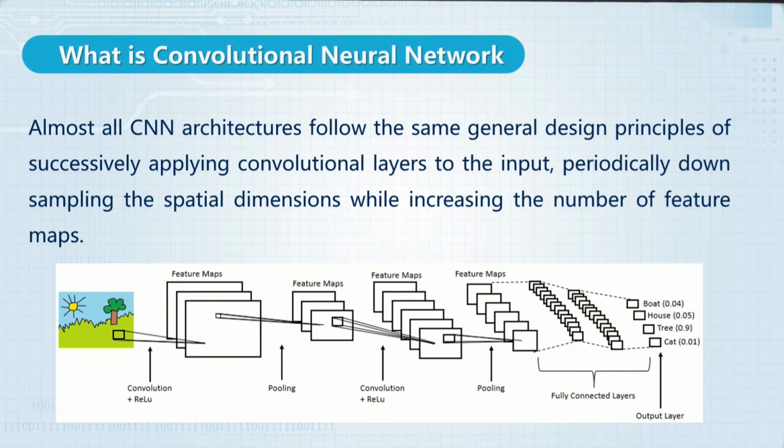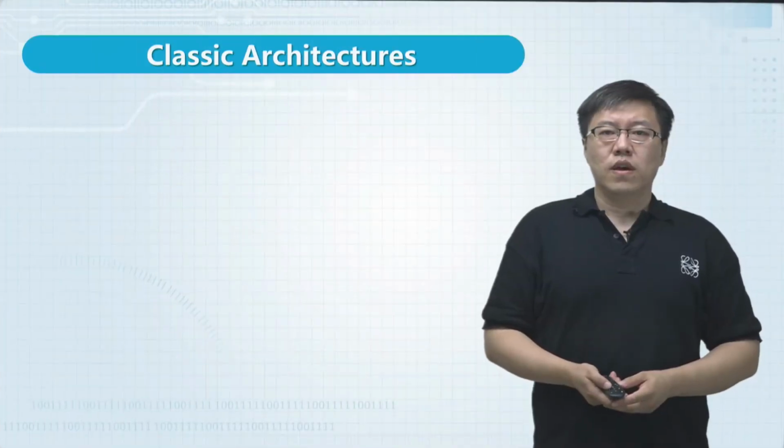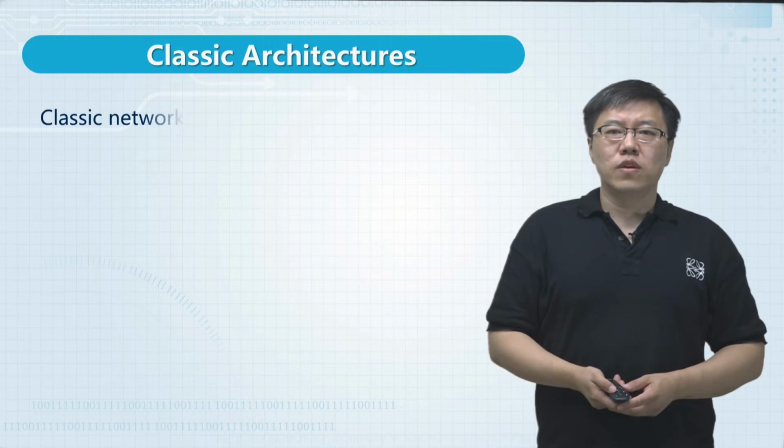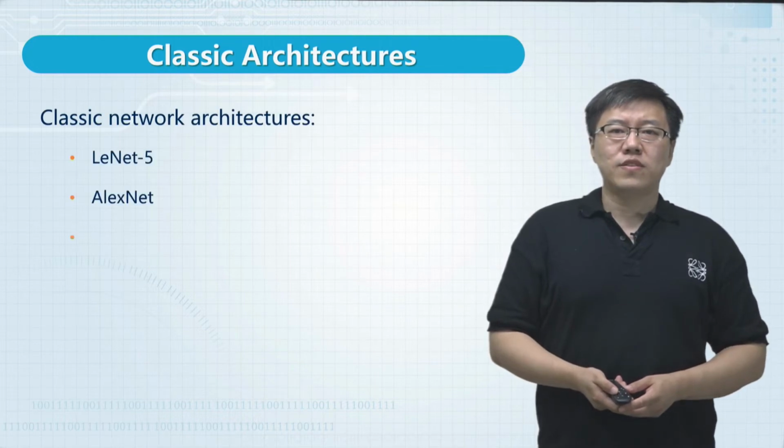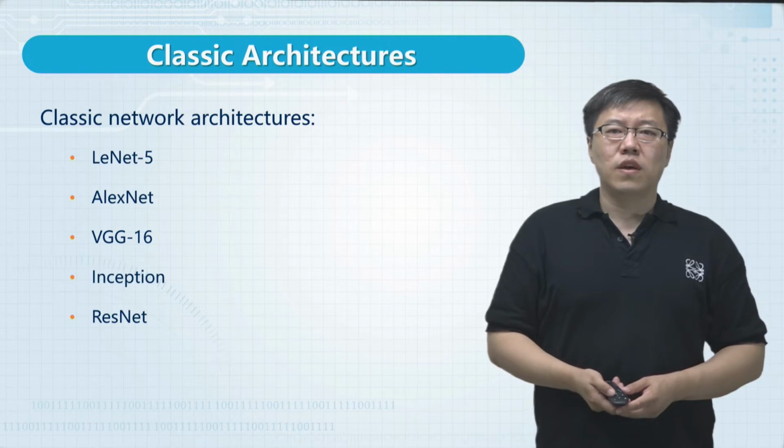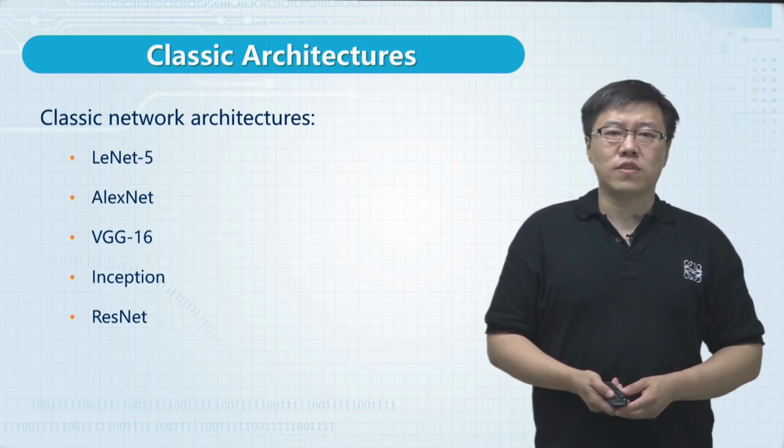Almost all of these architectures are based on a repeatable unit which is used throughout the network. Classic architectures include LeNet-5, AlexNet, VGG16, Inception, and ResNet. These architectures serve as general design guidelines which machine learning practitioners will then adapt to solve various tasks.